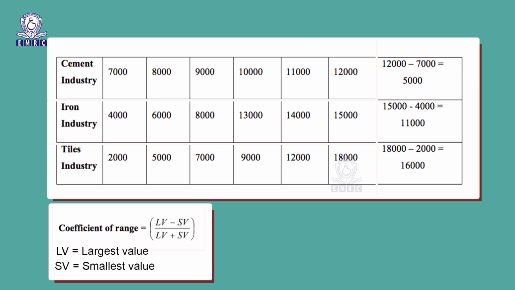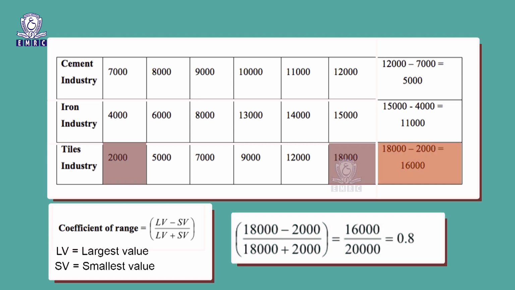Coefficient of range is equal to LV minus SV by LV plus SV, where LV is equal to largest value and SV is equal to smallest value. So let us see how to calculate the coefficient of range in the tiles industry. In the tiles industry, the highest value is 18,000 and the smallest value is 2,000.